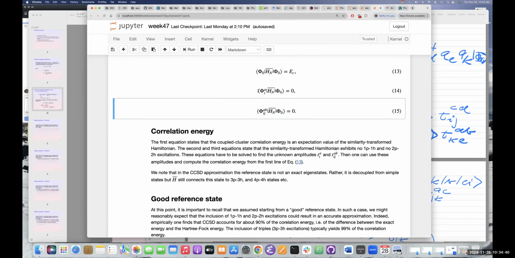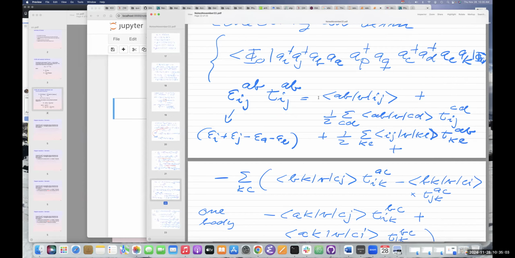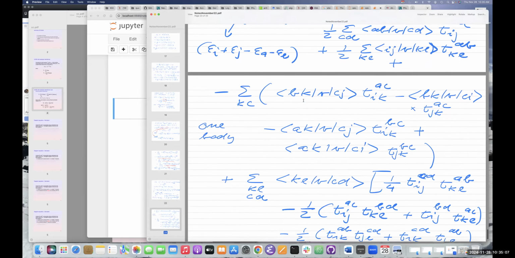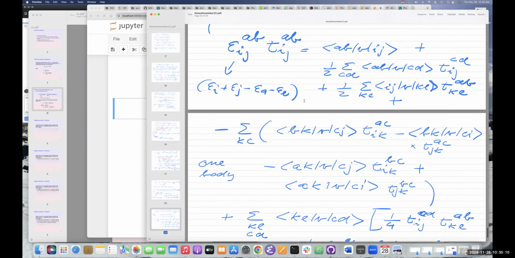And in this specific case, for the pairing Hamiltonian, we don't need to take into account the 1-particle 1-hole excitation, which means in turn that this equation here is not of interest for the pairing Hamiltonian. And then we need only this one. And in order to solve that one, if we now go back to the notes from last week, the typical way you solve this equation here, this lengthy beast, is that you solve it in an iterative way.